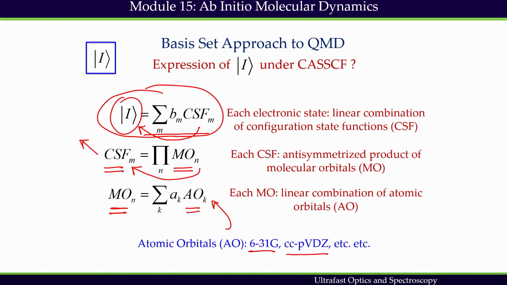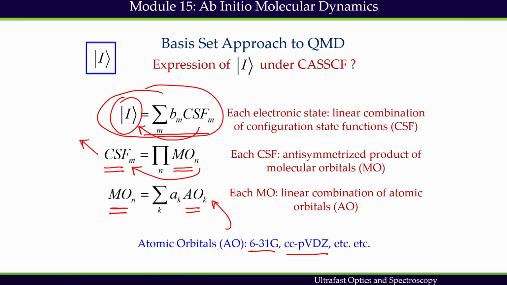And in the problem of photophysics and photochemistry, we have to express the electronic wave function in terms of CASSCF wave functions. That is one way of thinking of it, and we have shown here the hierarchy of the CASSCF wave function.